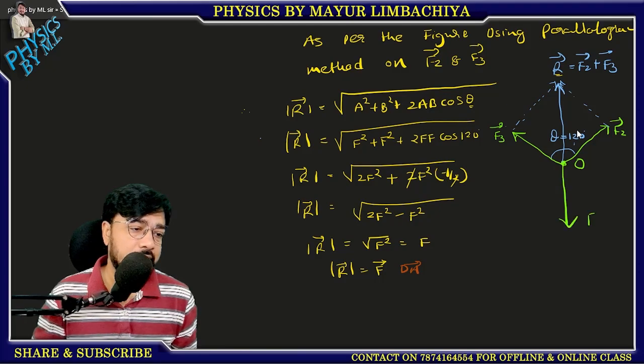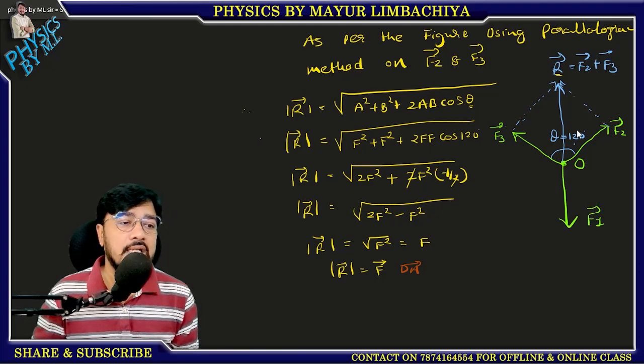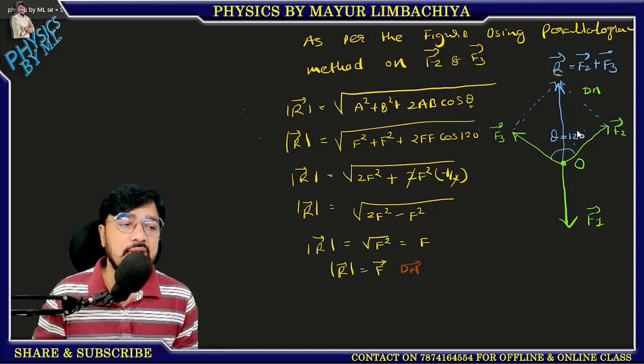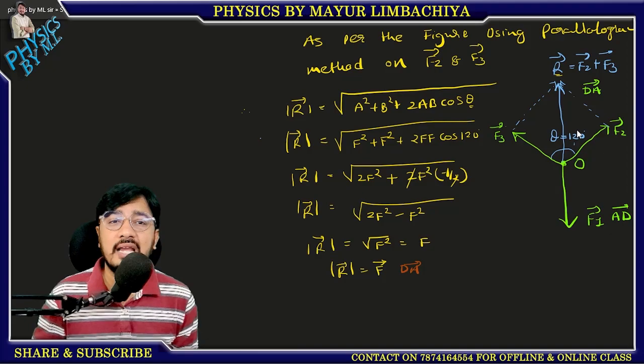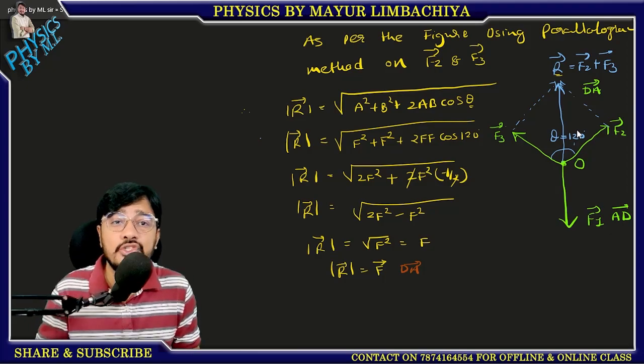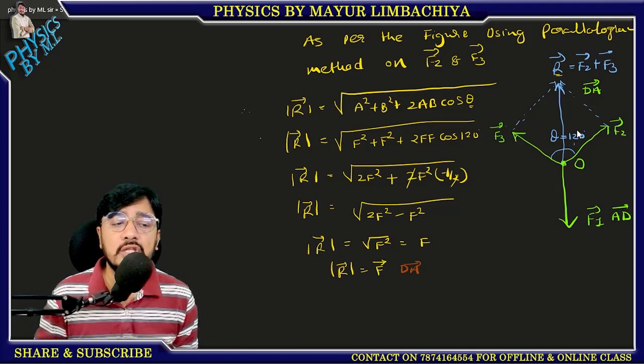This R is in the DA direction, and this f1 is in the AD direction. So both are equal but in opposite direction. Why are both equal?